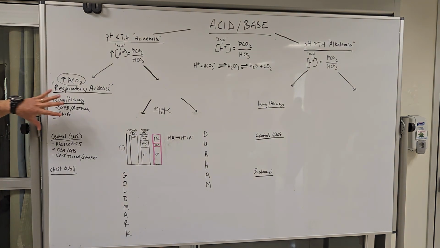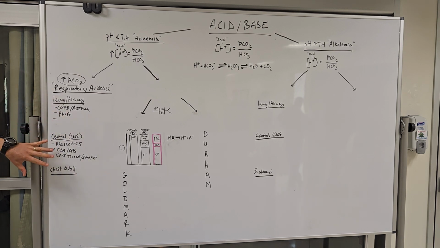So you can have something intrinsic to the lungs or the airways: COPD, asthma, pneumonia, effusion, whatever. Central, meaning your brain's not telling the body to breathe as much as it should and blow off this CO2.